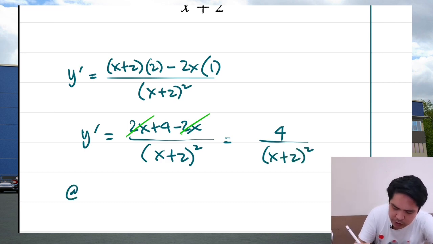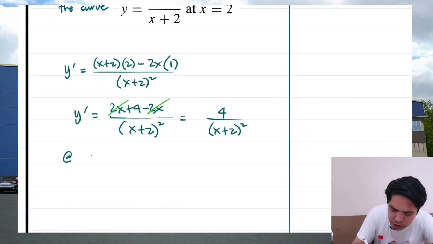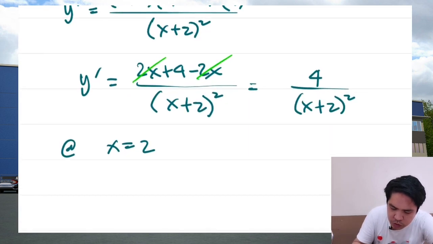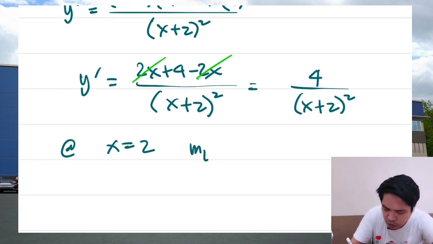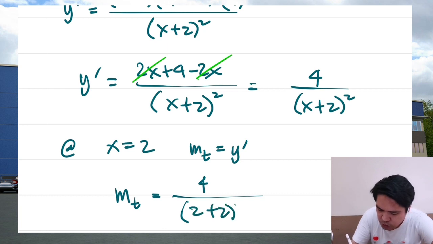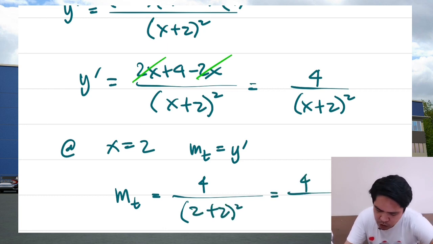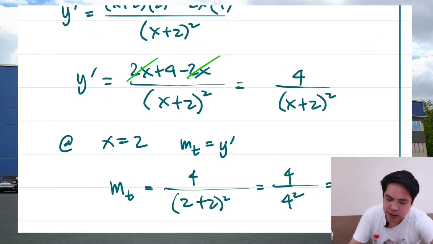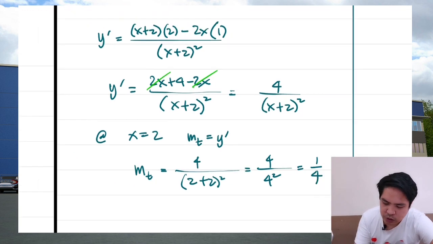So at x equal to 2, we know that, of course, mt is equal to y prime. So we have the slope of the tangent is equal to 4 over 2 plus 2 squared, or that would be 4 over 4 squared. And that would be 1/4. So the slope of the tangent is at 1/4.